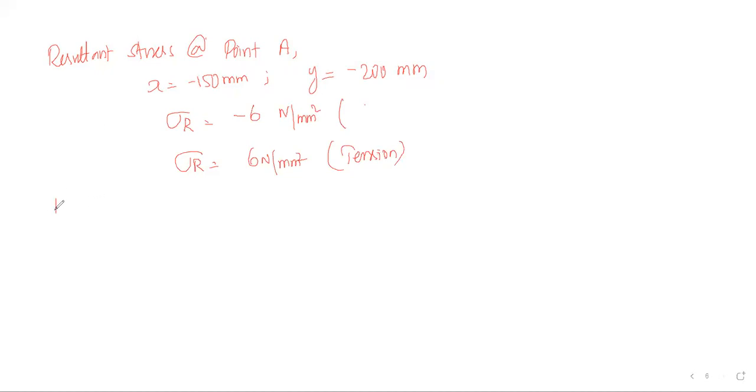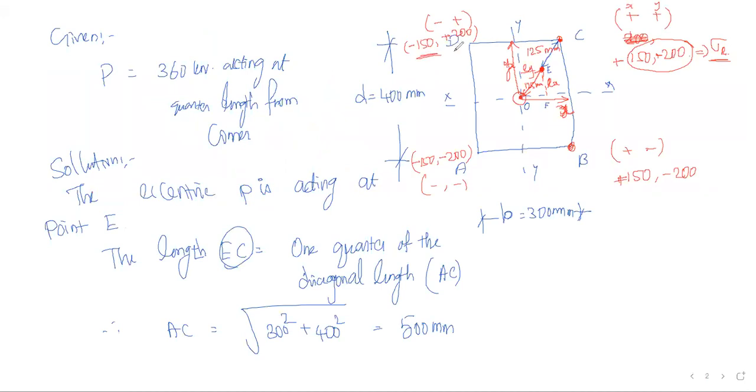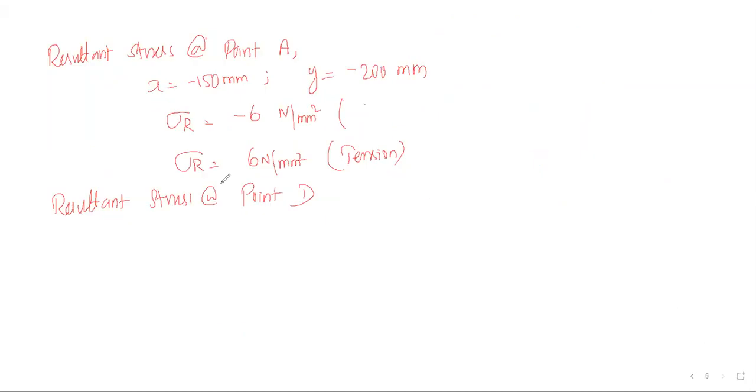Next, the resultant stress at point D. At point D, the x value is equal to minus 150 mm and y value is equal to plus 200 mm.